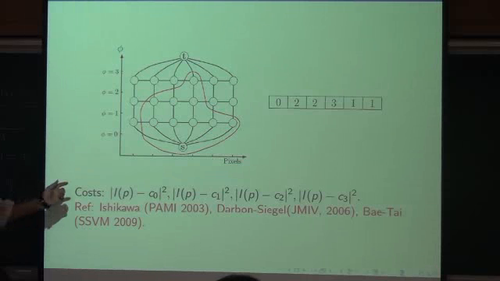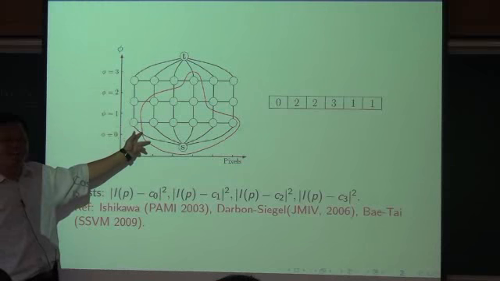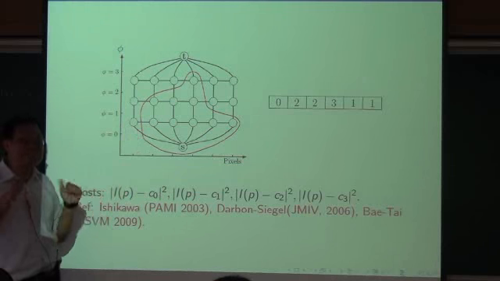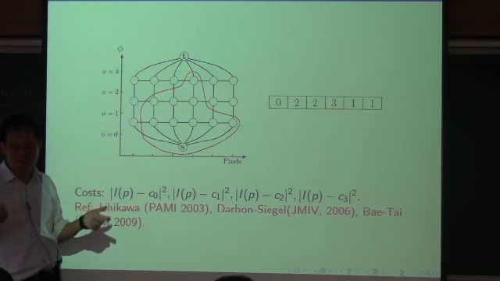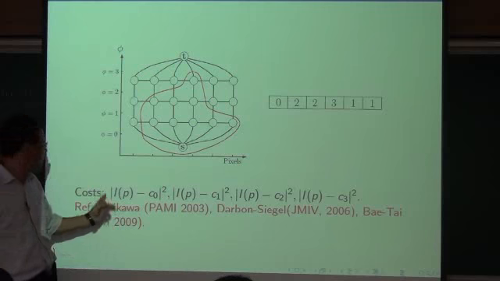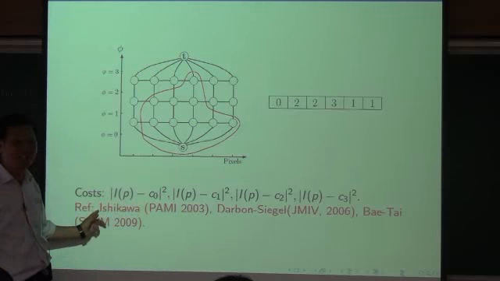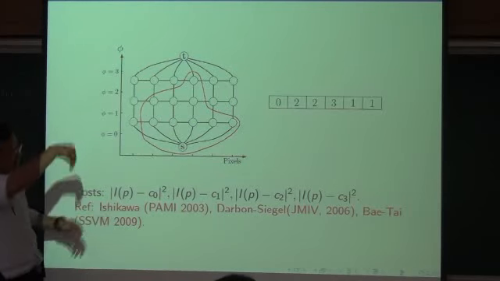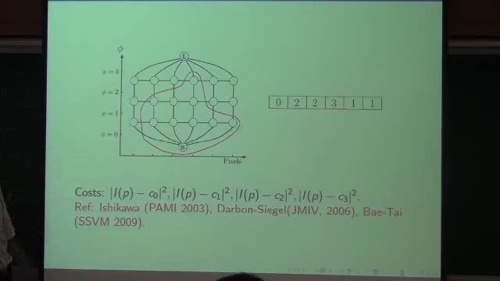I'm going to show you that if we solve this one, it exactly minimizes a discretized version of the Mumford-Shah. The graph cut people didn't know. But in the next few pages, you can easily see that this is exactly minimizing the Mumford-Shah, but in a discretized setting.